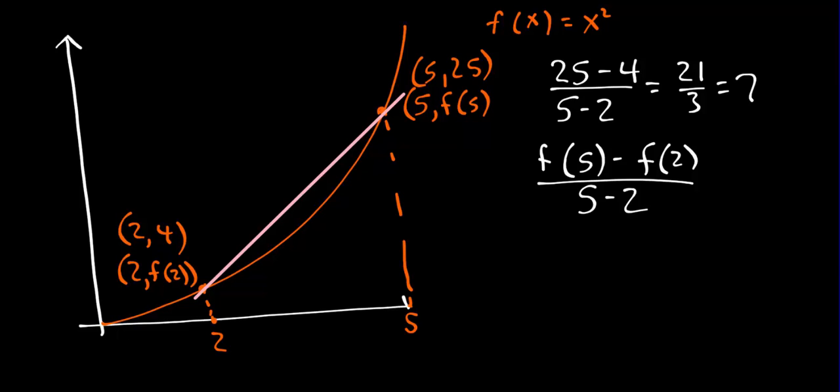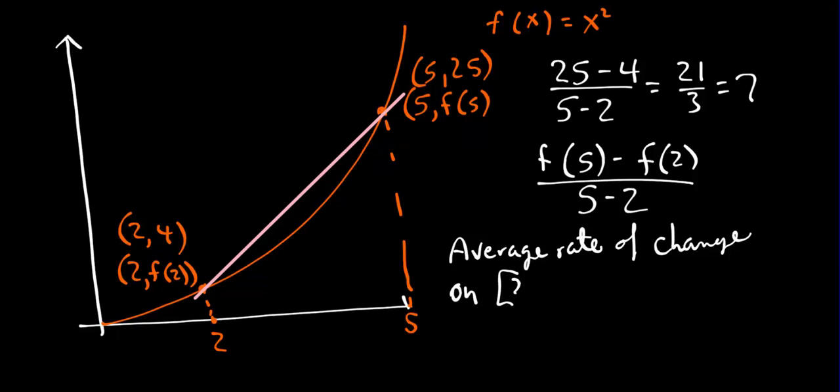Now, that's the slope of that line, but it's also called the average rate of change. Okay? So this is the average rate of change on [2, 5]. And notice all it is, is finding the slope of that line.